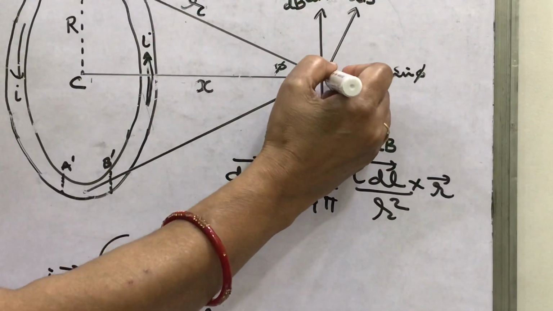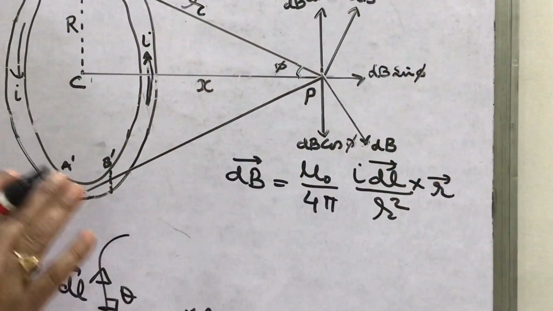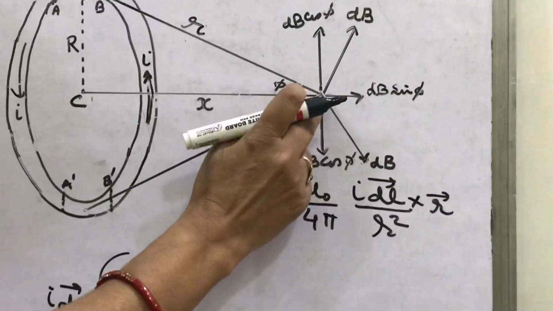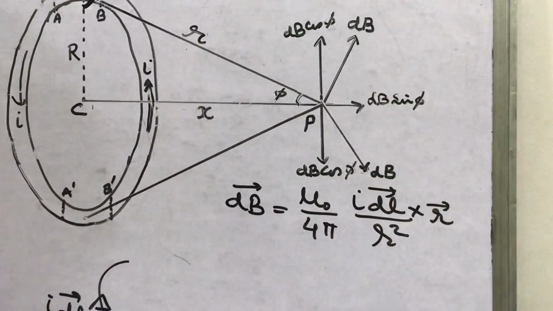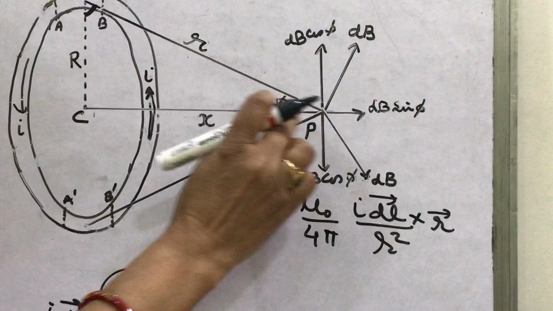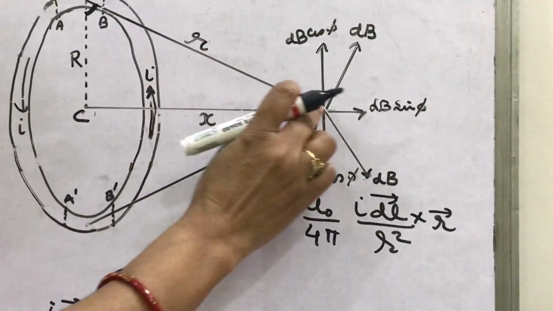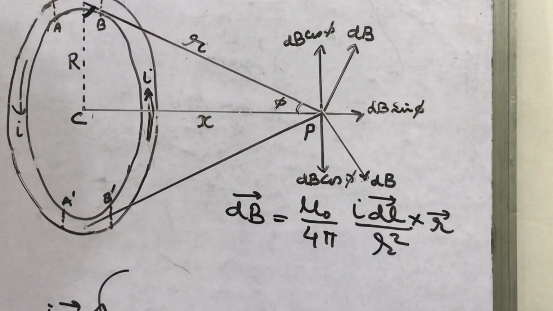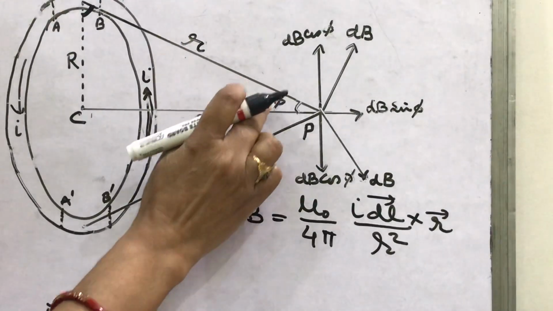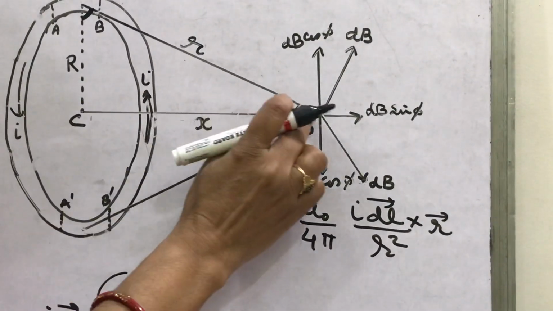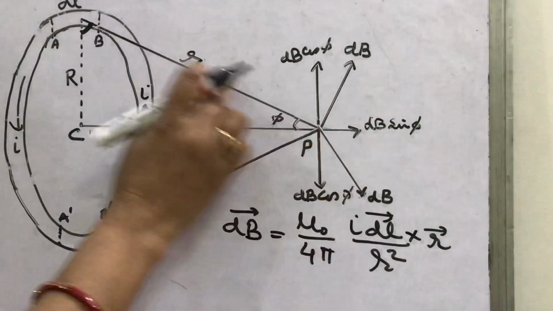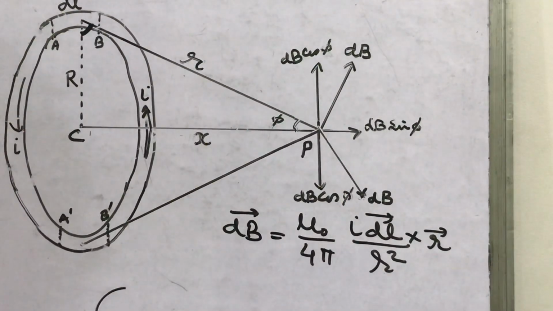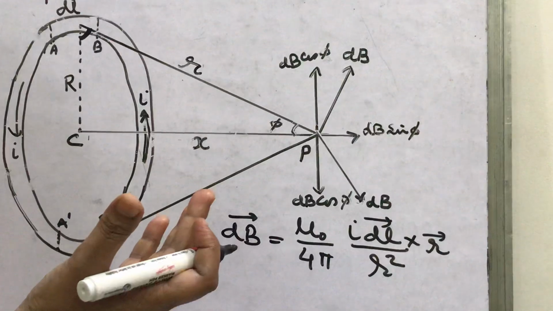Look here, this dB has two components. One component in the direction of the axis, the other component perpendicular to CP. We denote the angle phi which the axis of the coil makes with the line joining the current element and P, the point P at which you have to find the magnetic field.